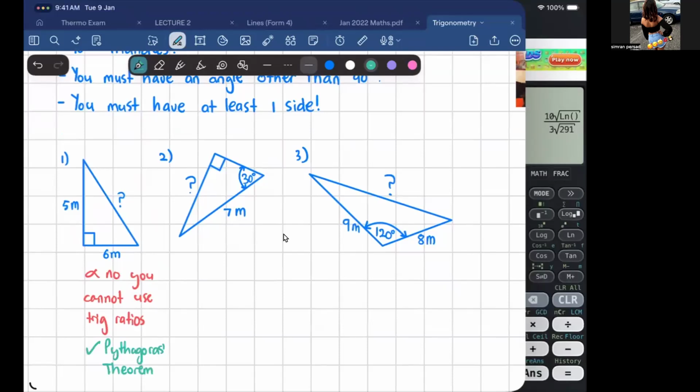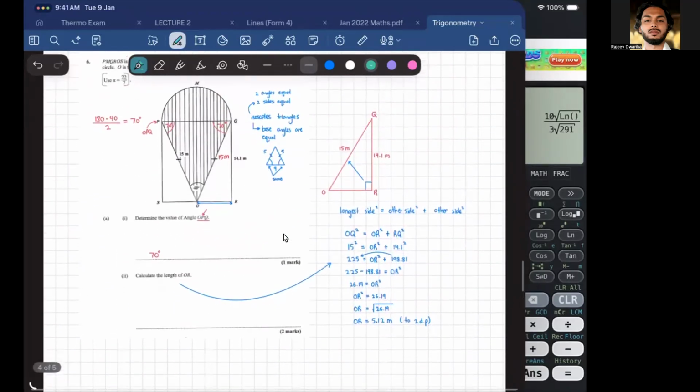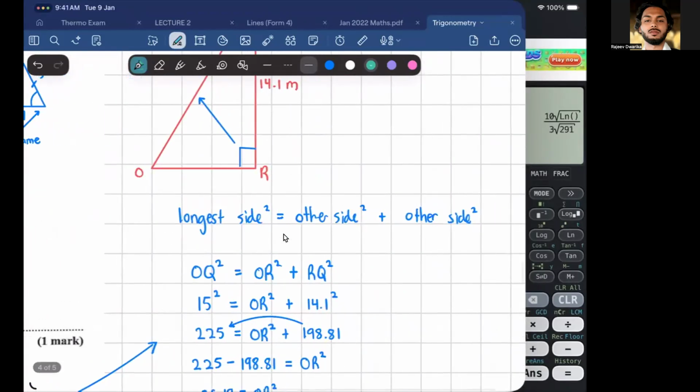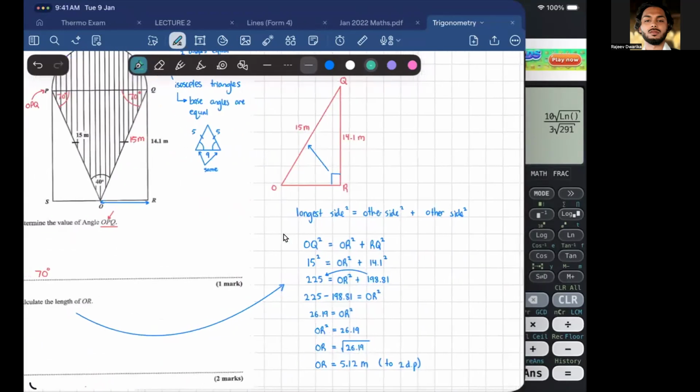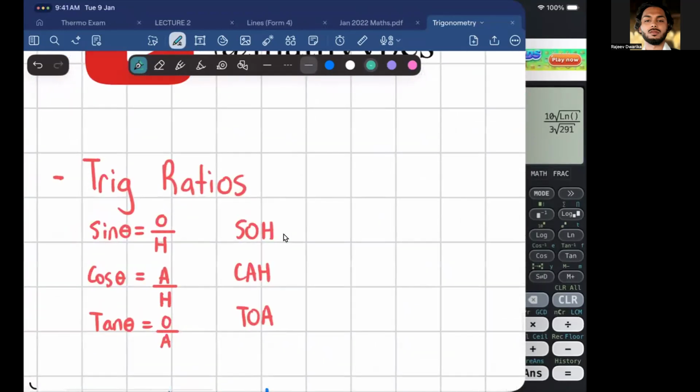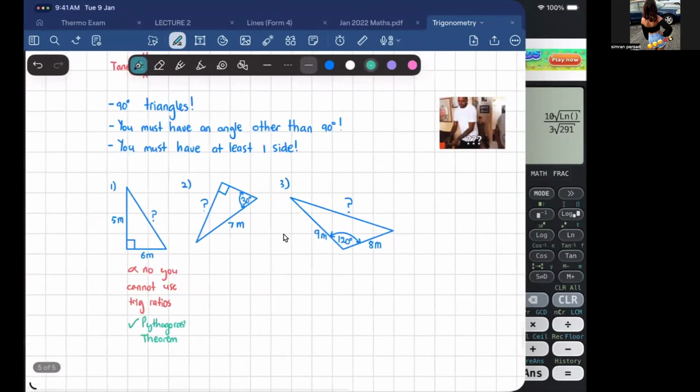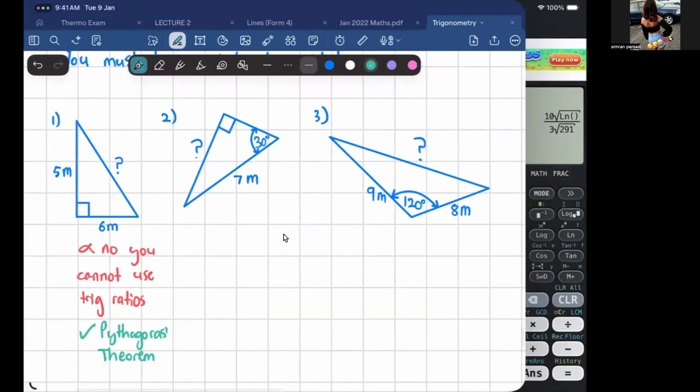This is Pythagoras theorem. Longest side squared is equal to other side squared plus other side squared. Trig ratios: sine theta is opposite over hypotenuse, cos theta is adjacent over hypotenuse, tan theta is opposite over adjacent. Different formulas. To use trig ratios, you need an angle other than 90.